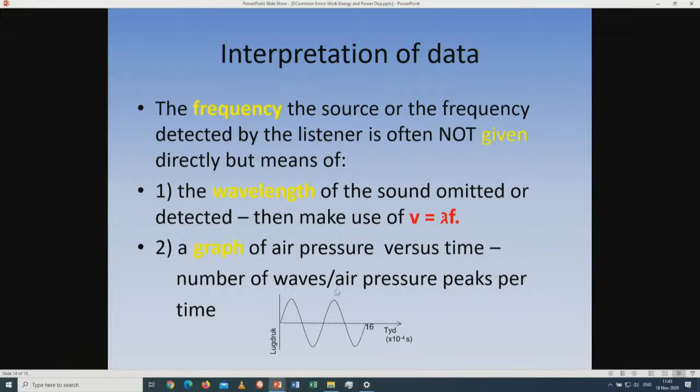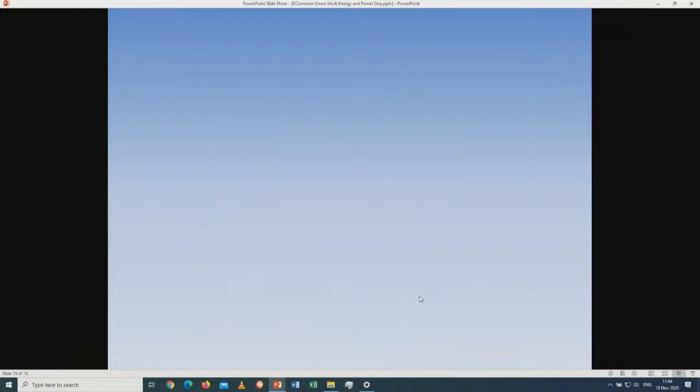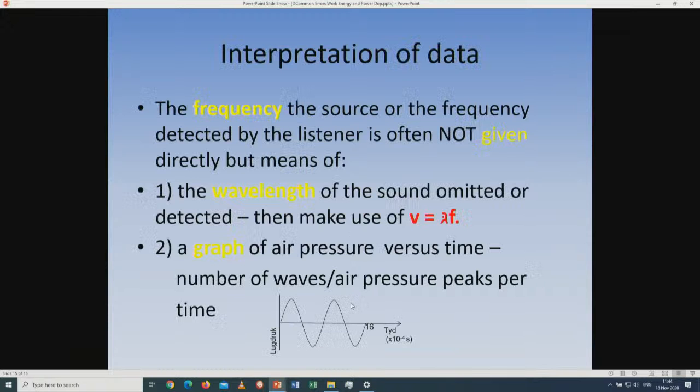So now you must realize that you must make use of the formula f equals 1 over T, and you must realize how many complete wavelengths are indicated in this graph.